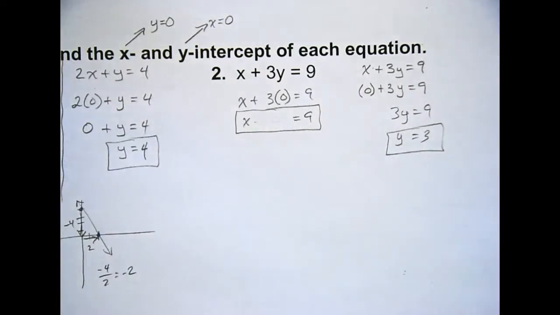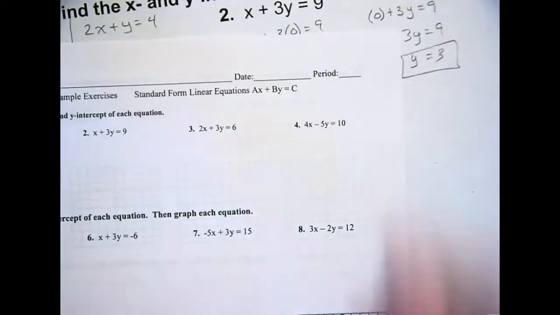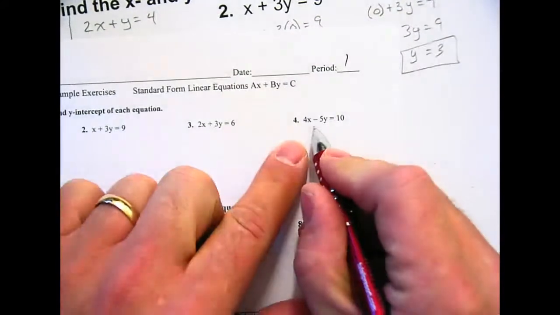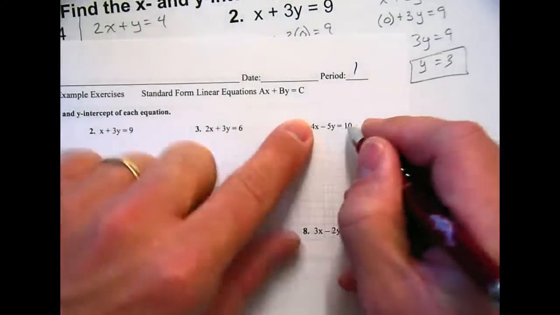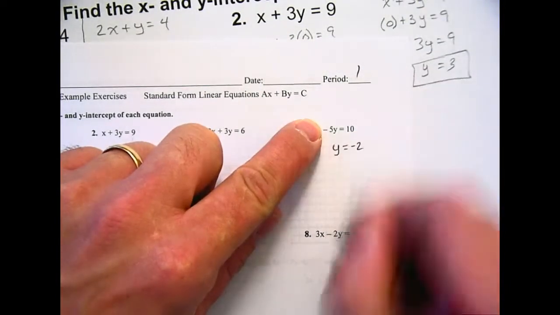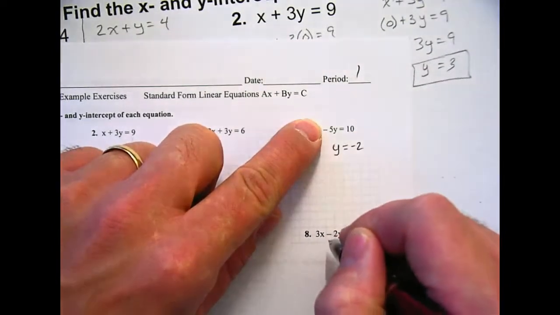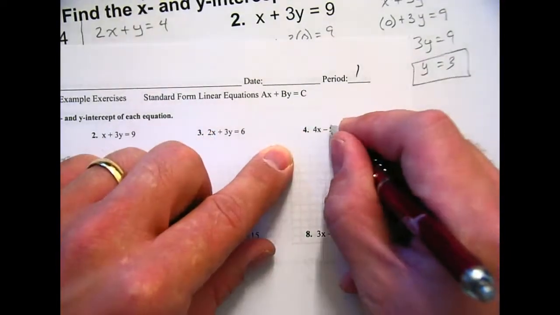Yeah, Annalise? On 4, x becomes a fraction. Yeah, so that's going to happen sometimes. So it's a good question. On number 4, x ends up being a fraction when we do it, right? So we plug in 0 for x, and y becomes -2. Right? How many got y equals -2? That's good. But then when we plug that 0 in for y, this part disappears, right?